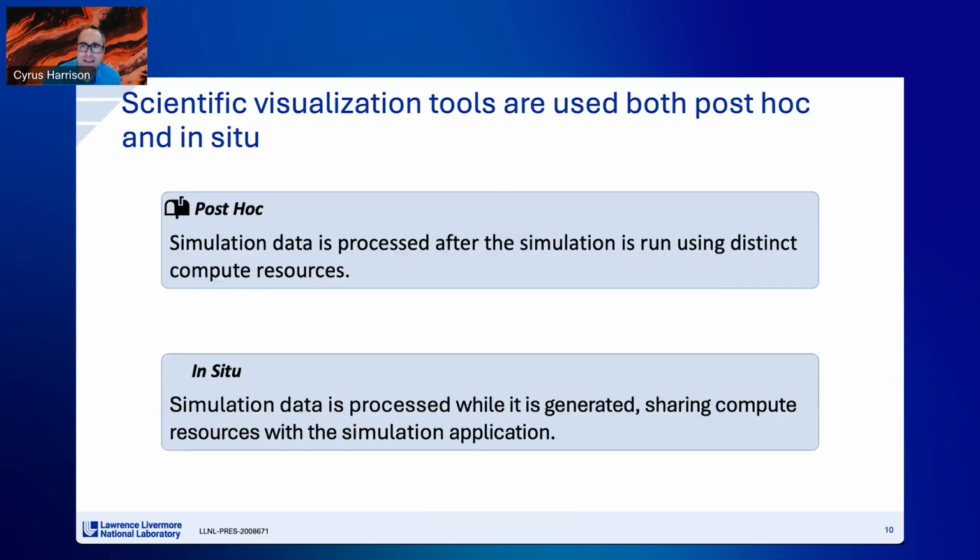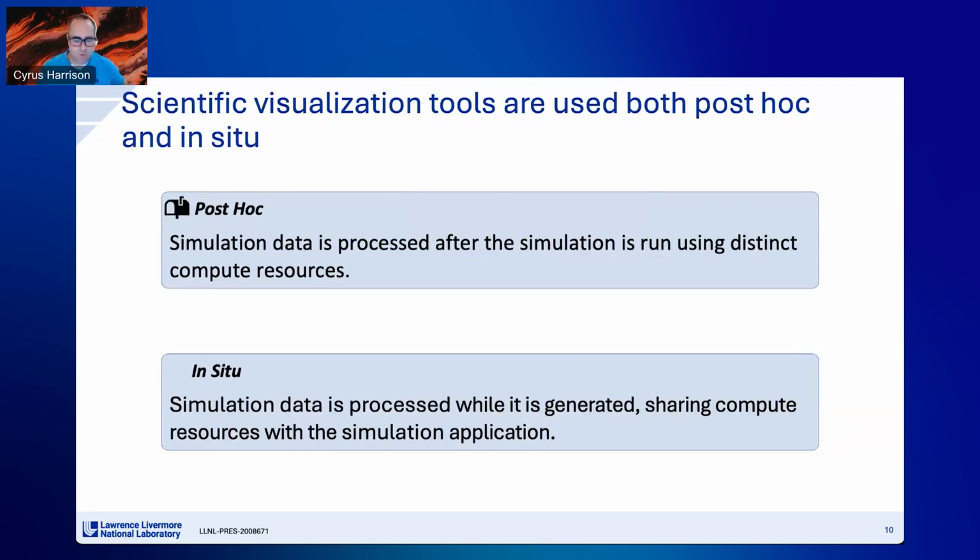There are 2 ways of doing things. Post hoc means after the fact, and this is how most people do things. They run a simulation, and while it's running, they occasionally write out checkpoints. Then they come back, look through the time series of these checkpoints, ask and answer questions, and iterate. In situ means doing it while the simulation is generating data.